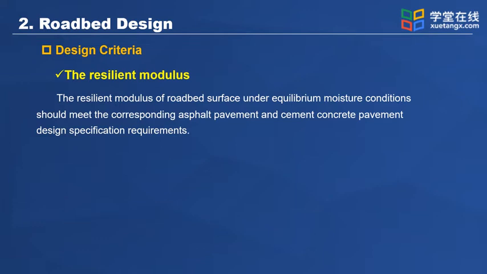The major criterion of subgrade design is resilient modulus on the roadbed surface, and the verification criterion is the vertical compressive strain on the roadbed surface. The resilient modulus of the roadbed surface under equilibrium moisture conditions should meet the corresponding requirements in asphalt pavement or cement concrete pavement design specification.